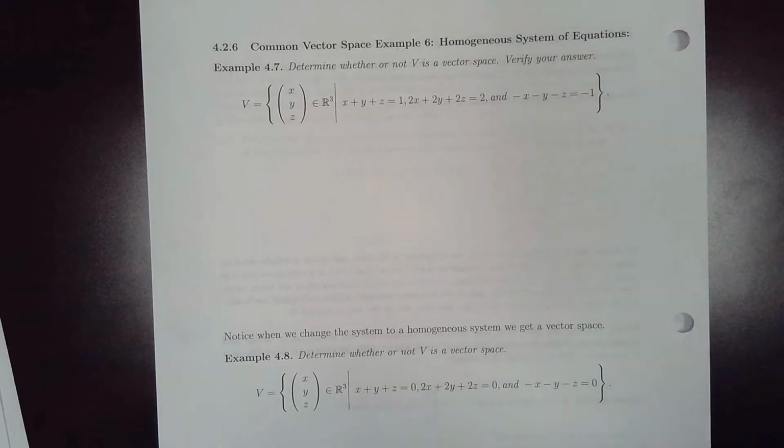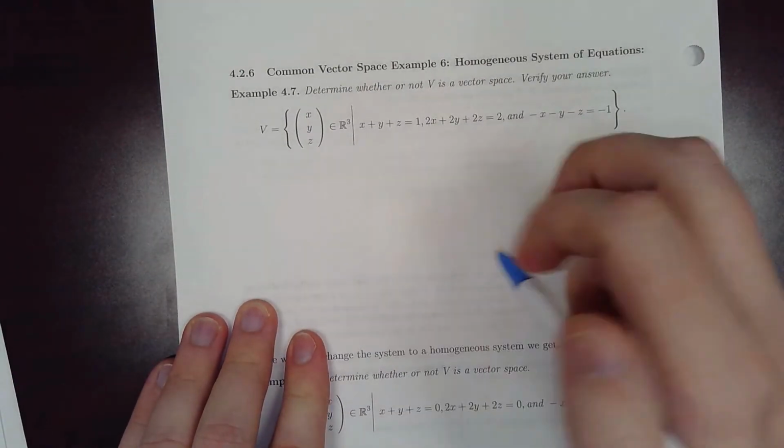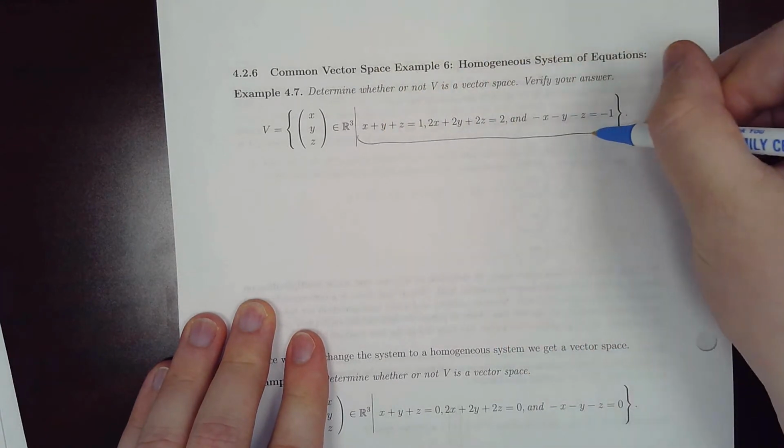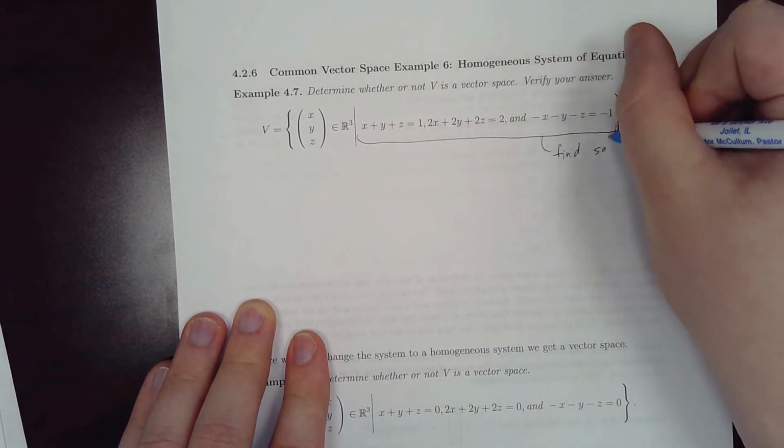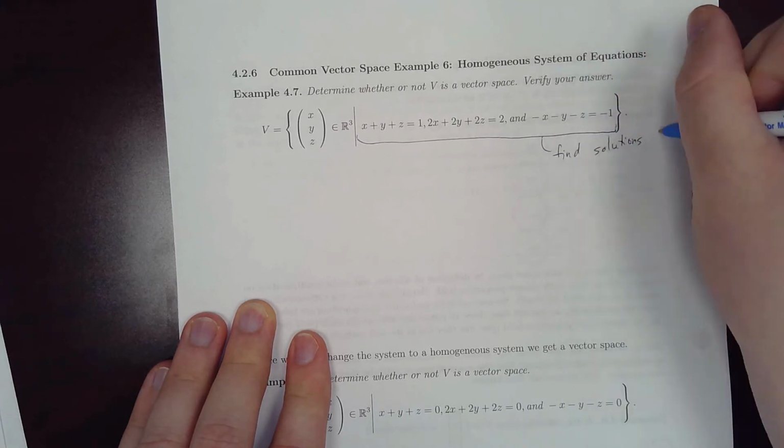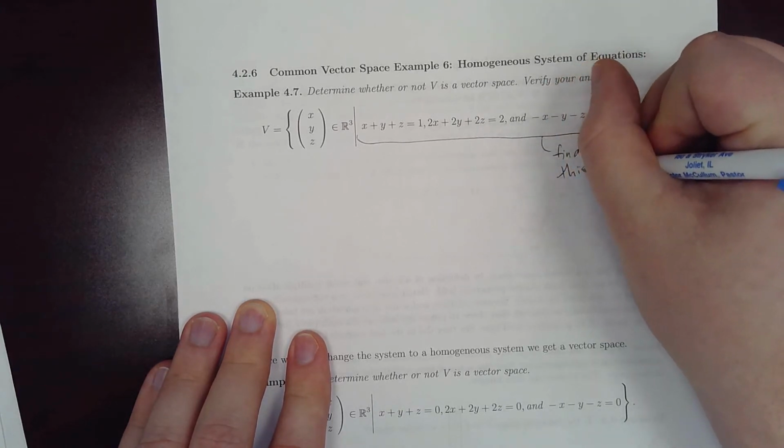And so once we know how we satisfy those equations, we can then try to figure out whether or not our properties are satisfied. So what we need is we're going to take these and find solutions to this system of equations.